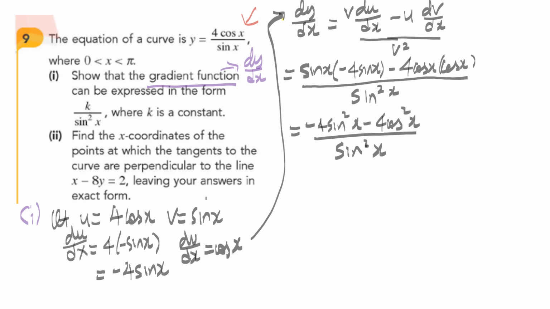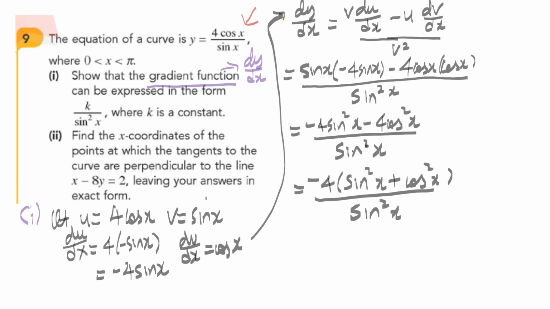Alright, so if you look at the numerator, the common factor is negative 4, so we can factorize out negative 4. Okay, and if you recall, just now I mentioned the trigo identities.